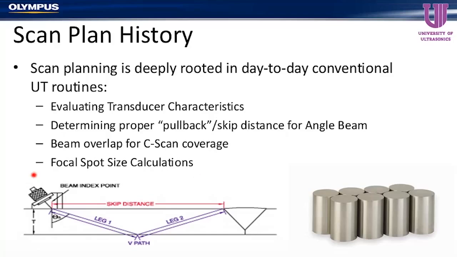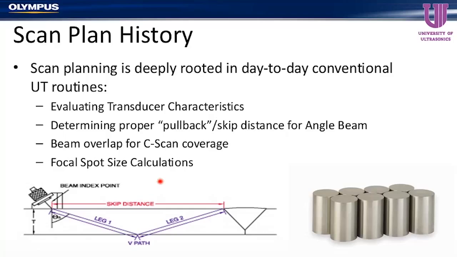So when you approach the inspection of, say, a weld with angle beam shear wave, one of the first things that the operator or technician does is they take the angle of inspection that they're using and they measure back from the toe of the weld to ensure that they have proper coverage. So there's several different things that we perform, even with conventional UT, that we consider scan planning.